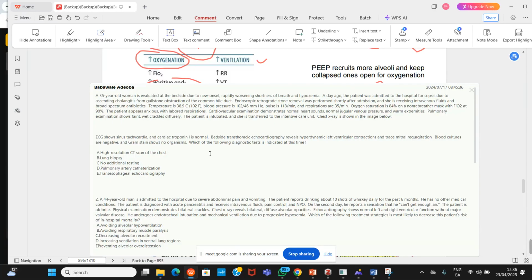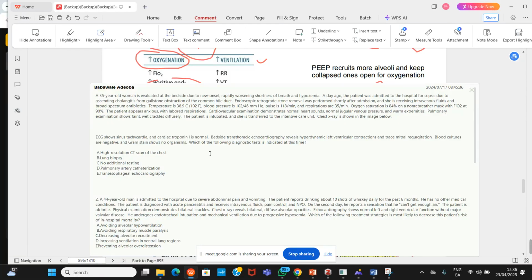So let's look at this. A 44-year-old man is admitted to the hospital due to severe abdominal pain and vomiting. The patient reports drinking about 10 shots of whiskey daily for 6 months. He has no other medical condition. The patient is diagnosed with acute pancreatitis and receives intravenous fluid, pain control, and NPO. On the second day, he reports a sensation that he could not get enough air.